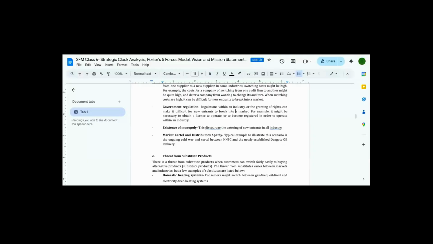Like an investor that has the resources, technical know-how, market knowledge, and many things, and wants to establish a refinery business. There will be difficulties in getting that right from the government. It's not something that you can get easily.